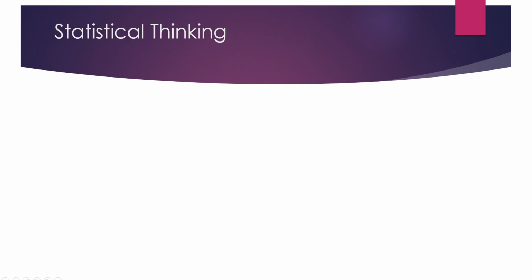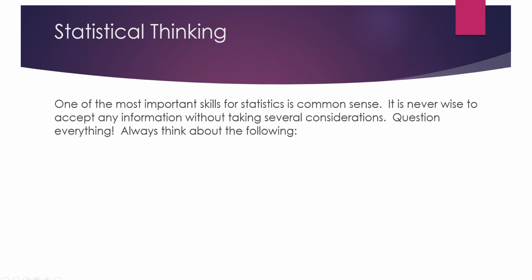So speaking of thinking statistically, I have a few examples here that I want to look at that will, again, continue to get you thinking in the right direction. So this is really easy to say, but one important skill is common sense. Everybody has different experiences and backgrounds, so I honestly believe that in a way common sense here is, I don't know, unrealistic.